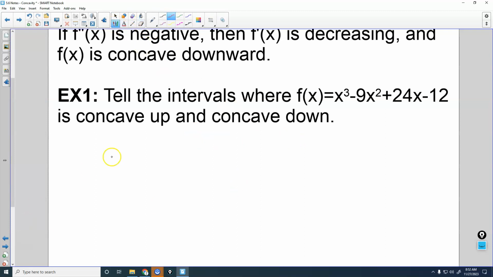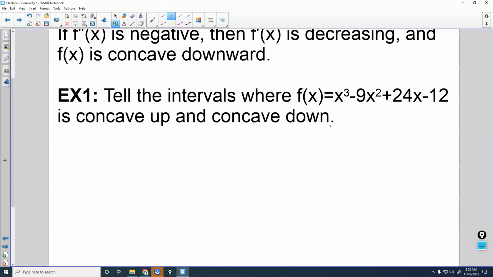So we are supposed to tell the intervals where f of x equals x to the third minus 9x squared plus 24x minus 12 is concave up and concave down. So if I want to know where concavity changes, I'm not looking for the critical points and the places where I change from increasing or decreasing. That'll give me maximums and minimums.